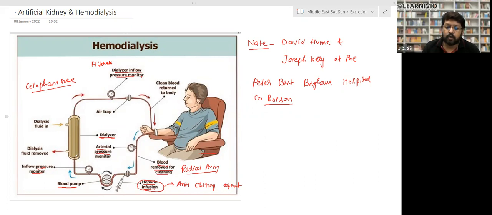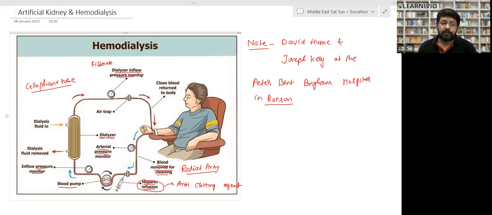When blood goes inside this chamber, this dialyzer, what happens? This dialyzer takes only urea from the blood and does not take the rest of the components. Urea is absorbed and removed from the body. Then the purified blood goes back to our body, and the clean blood returns to the body.